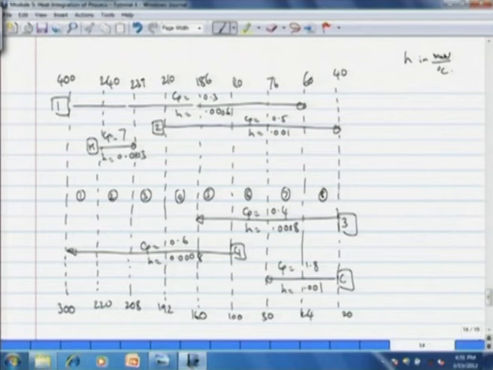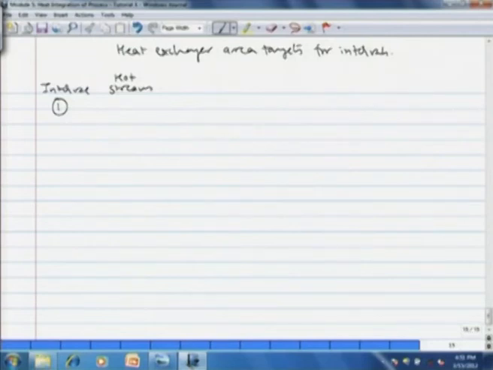The temperature difference is 400 to 240, so 160. Heat duty is 160 into 0.3, the heat capacity, divided by, now we are calculating summation Q by H. So Q is 160 into 0.3, H is 0.0006, so that turns out to be 80,000. Okay.